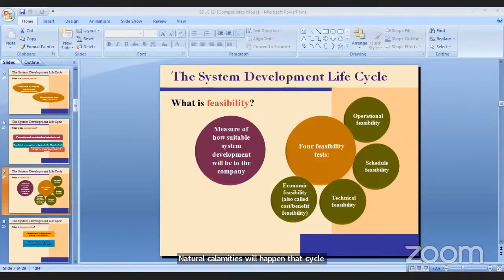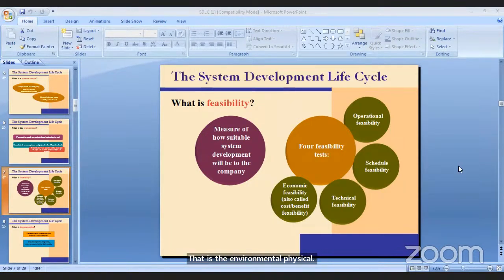You can take steps to mitigate their impact, to reduce their impact on society, state or country, but you cannot avoid them. That is why a new feasibility study is currently adopted, the environmental feasibility. Now, what is economic feasibility?